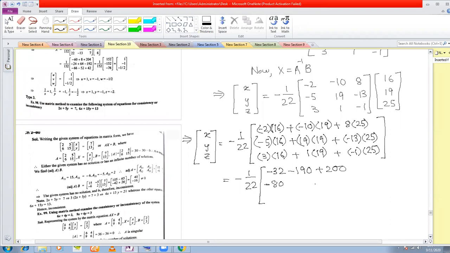Next, 19 into 19, 361. And 25 into 13, 325. 16 into 3 is 48 plus 19 minus 25.